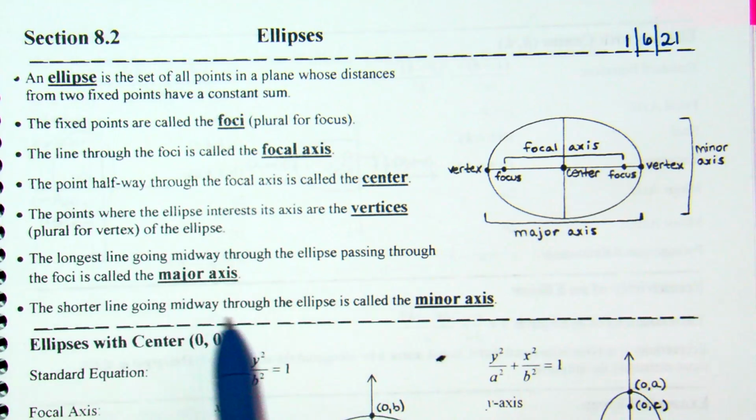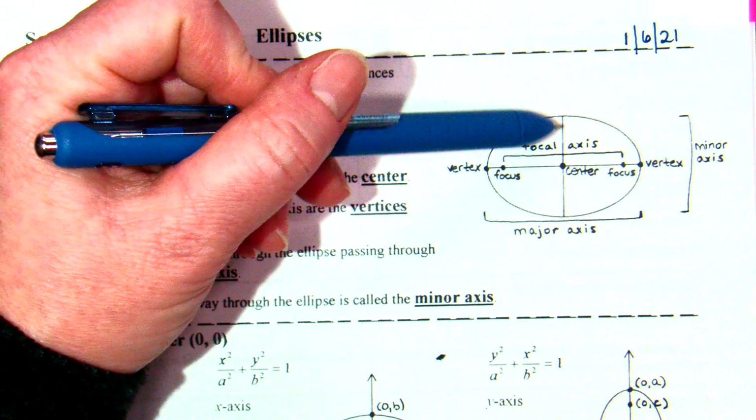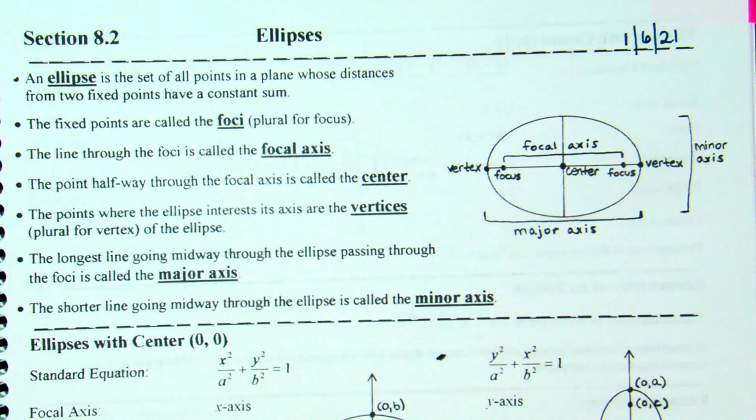Like right here, this ellipse is more horizontal, what I would call a horizontal ellipse. The longer line is this horizontal line, so that's my major axis. The line that goes perpendicular through it is my minor axis. The minor axis does not have vertices. It does not have foci. It just meets the major axis at a right angle, and it's always shorter.